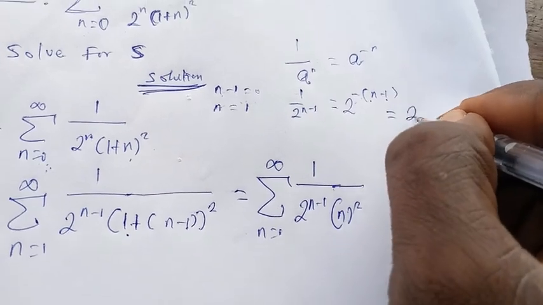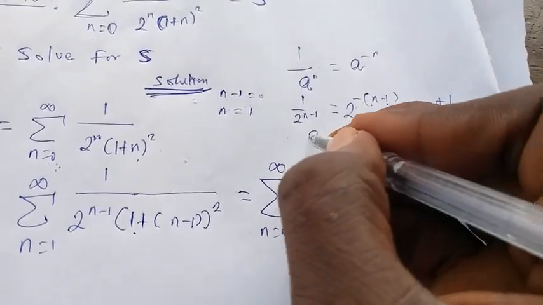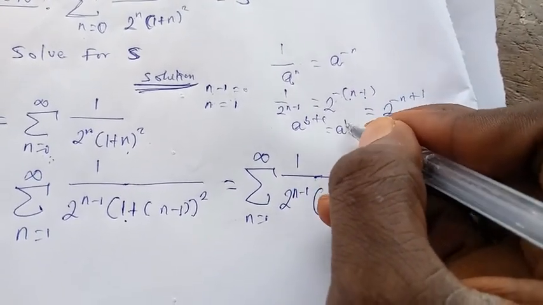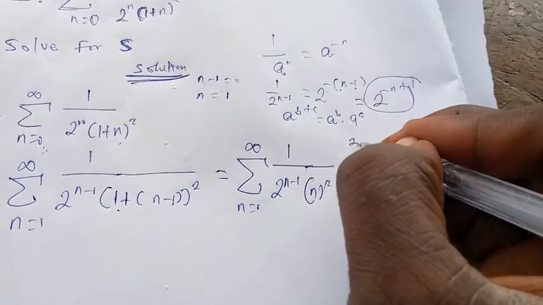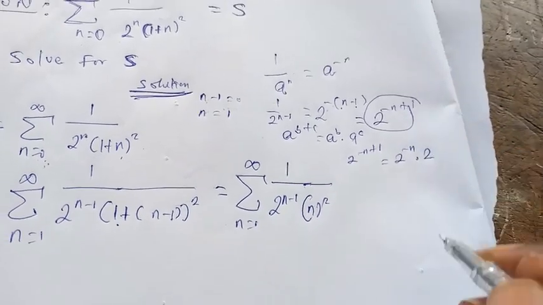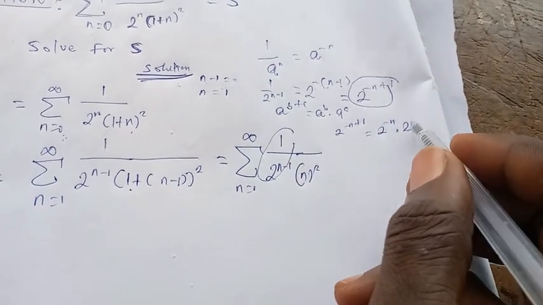So we're going to have 2 raised to the power of minus n plus 1. Then from the law of indices again, if you have a raised to the power of b plus c, this is going to give us a raised to the power of b multiplied by a raised to the power of c. Then 2 raised to the power of minus n plus 1 will be 2 raised to the power of minus n multiplied by 2. So 1 over 2 raised to the power of n minus 1 is now this.